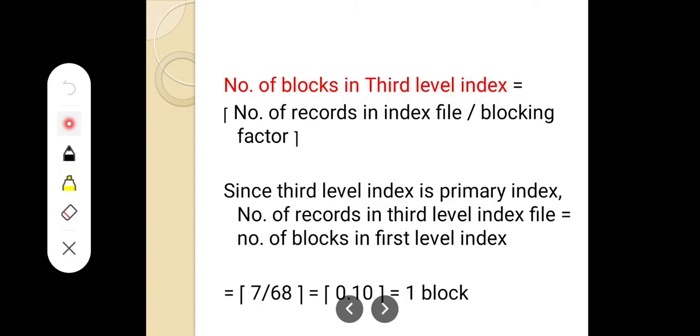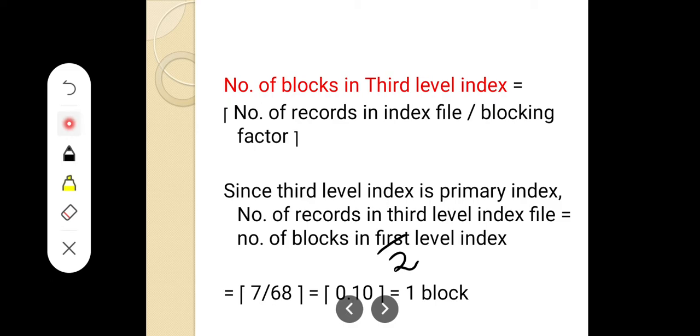So the number of blocks in the third level index is the number of records in the index file divided by the blocking factor. Since the third level index is a primary index, the number of records in the third level index equals the number of blocks in the second level index.